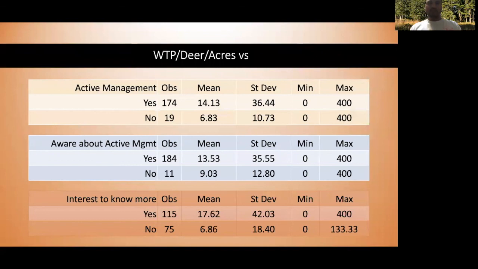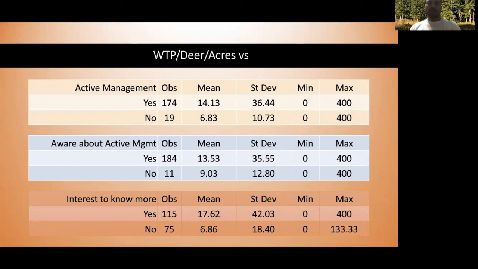Final slide with the result of this presentation. Landowners who are actively managing their land are willing to pay about twice the amount of money compared to those who are not actively managing their land. Willingness to pay per year per acreage for active land management is about $14 and about $7 for non-managers.